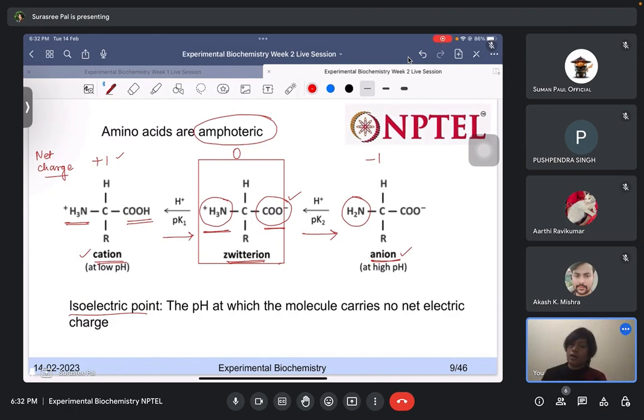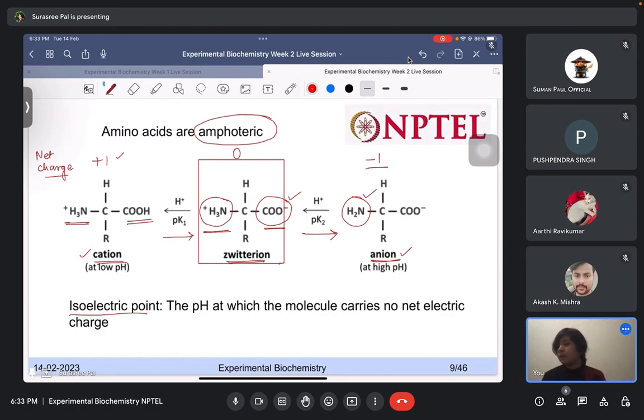Next, when it loses the proton of the carboxyl group, it has 0 net charge, and it exists as a Zwitterion. And when you increase the pH more, at a higher pH this amino group also loses its proton and becomes negatively charged, so the net charge becomes -1, right? So amino acids can exist in these different forms, with these different charges.